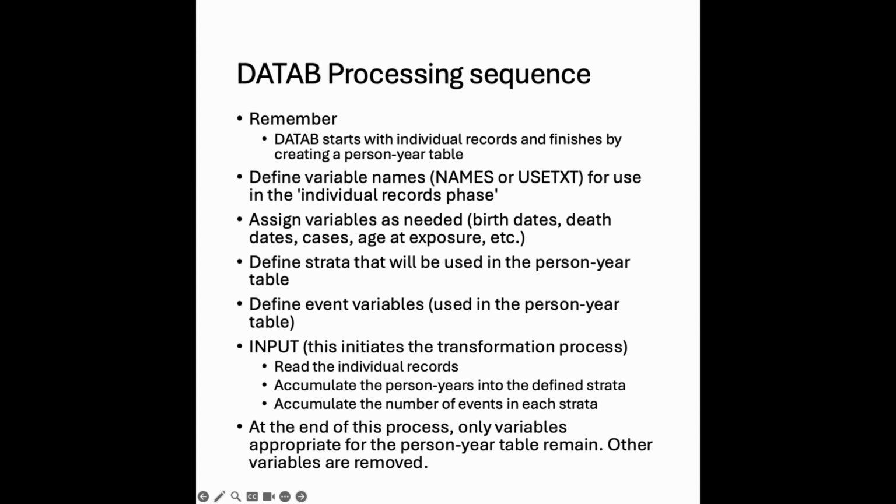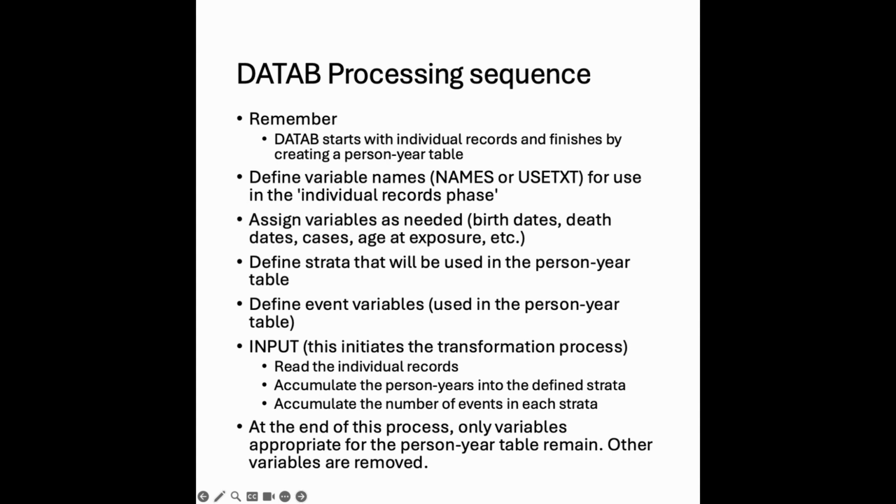For example, ID number will not appear in the person-year table as each record will be the aggregate person time from individuals into a particular strata. Each record in the output table will represent a unique strata, the person time in that strata, the count of events in that strata, and any other variables defined to be included, for example, average age within that strata.